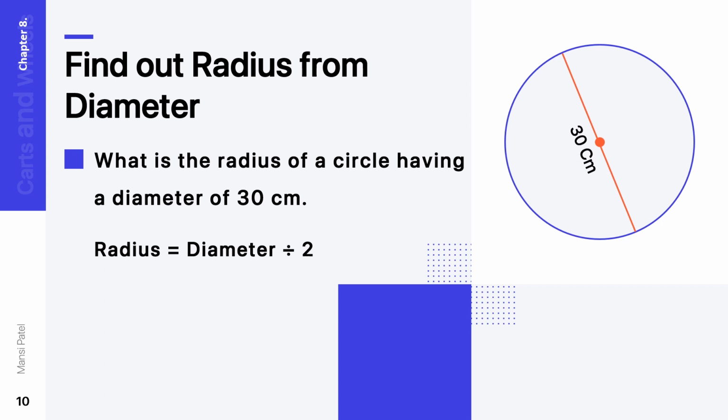If you take half of the diameter, then you get your radius. So here your diameter is 30 centimeter divided by 2. So 30 divided by 2 is 15 centimeter. So the radius of this circle is 15 centimeter.